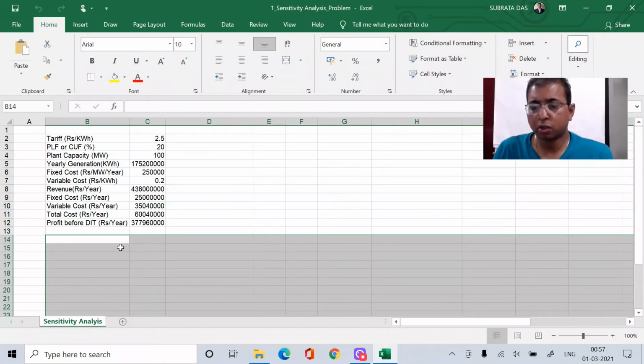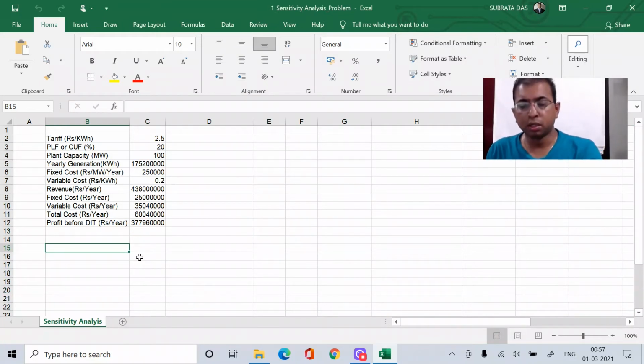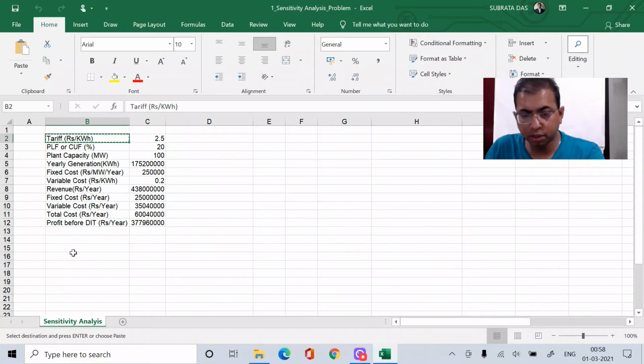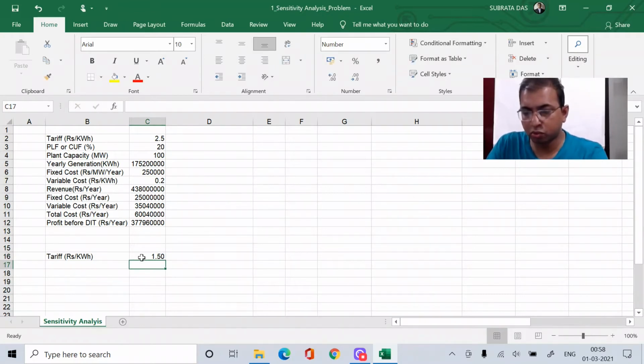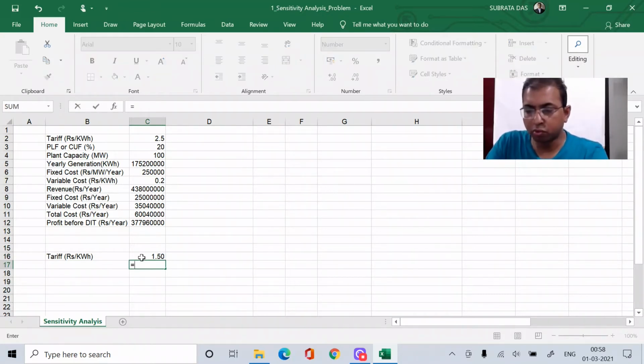So in this session we'll calculate the sensitivity of profit with respect to tariff. I will copy tariff here and vary it from 1.5 rupees to 4 rupees in steps of 25 paisa.